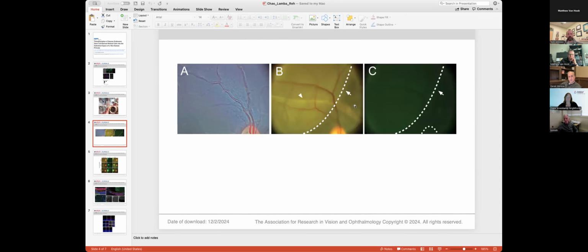We could watch the bleb forming, and we could see that it was lightly GFP positive as we were putting these in. We put about 100 microliters of fluid in the subretinal space in these squirrel monkeys.